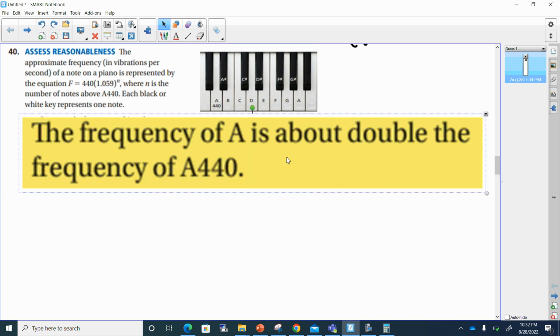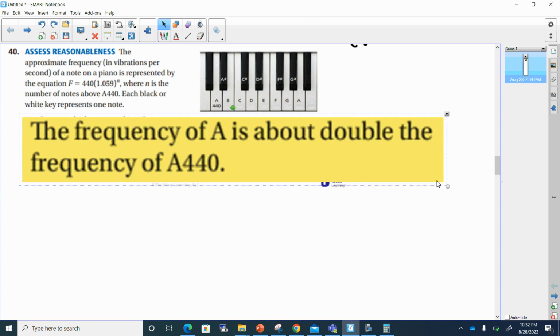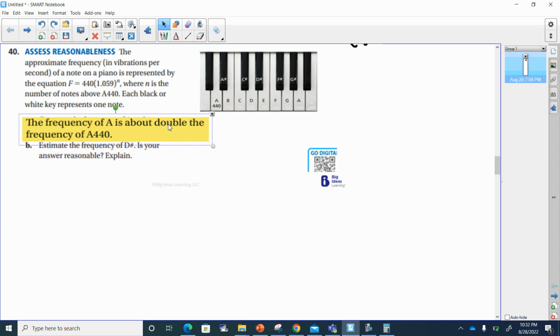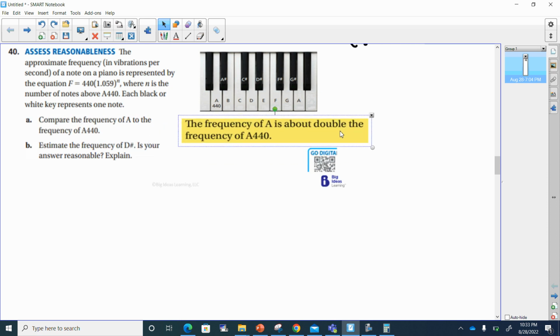Well, let's look at it. This is the answer to A. Remember, this is 440 times 1.059 to the n power, where n is a number of notes above this. When I go here, each note, it says, represents 1, right?